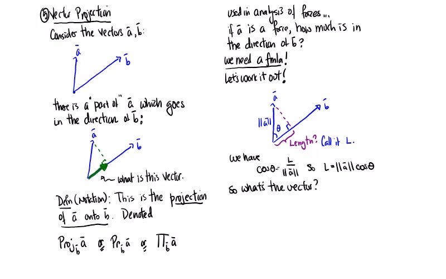All right, so this is what we'll do. Let's build it up. I'm going to start in the middle of the page here. I'm going to take B. I make it length 1 by dividing by its magnitude. Remember, this is now the unit vector in the direction of B. This has length 1.